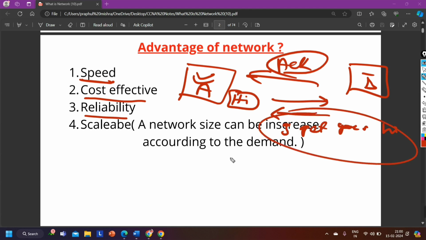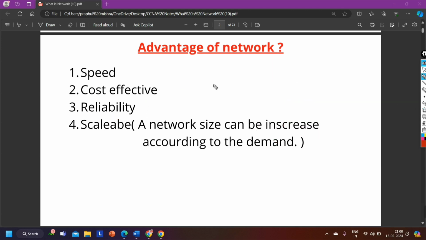This is one kind of acknowledgement, and through that we can say this is a reliable communication. Reliable means simply getting the acknowledgement. This is a very important term in networking, reliability. So this is also one advantage of network.